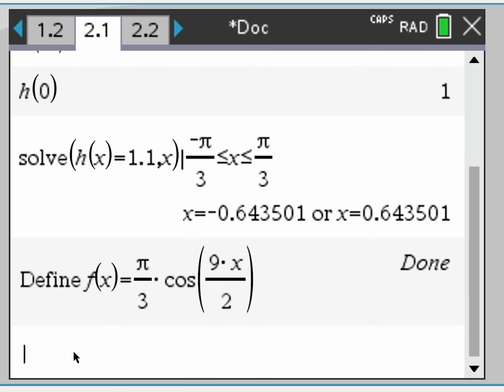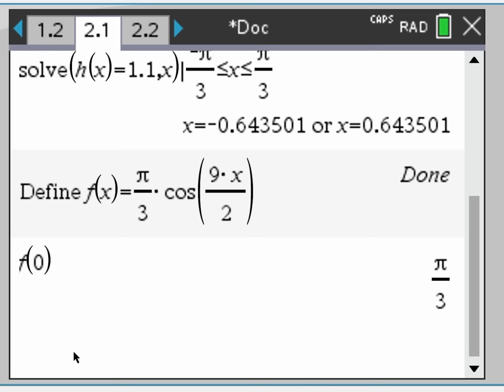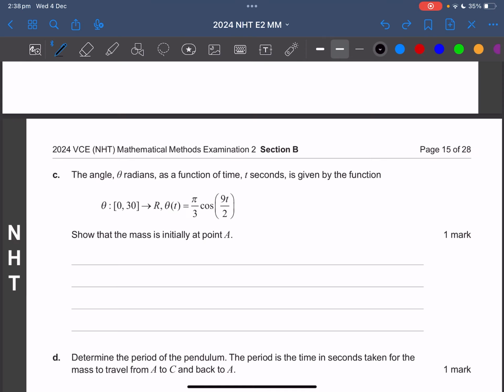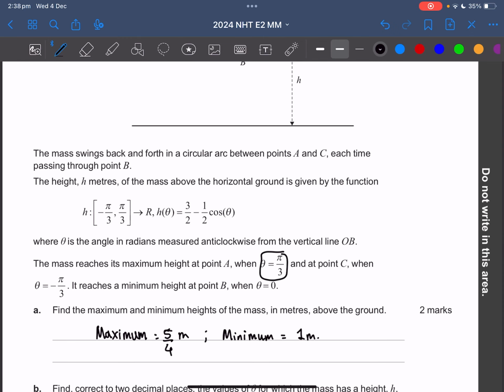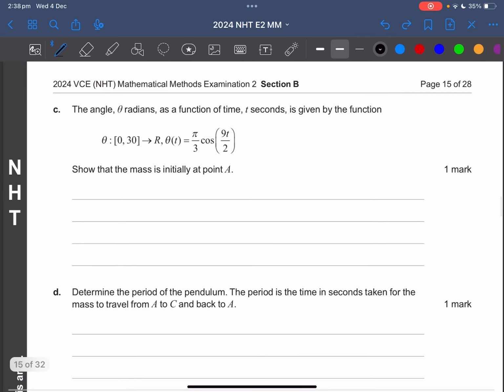Okay, and show that the mass is initially at point A. Well, let's see what will happen if I put t equals to 0. You can see that at t equals to 0, we get pi on 3, and that is exactly when it's at A, because if you look back over here, when theta is pi on 3, it's at point A.